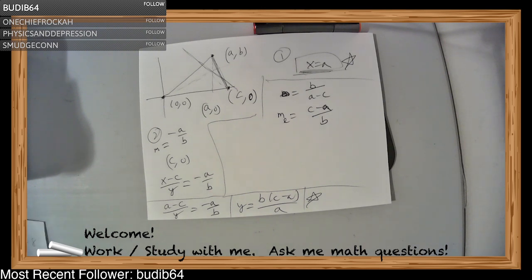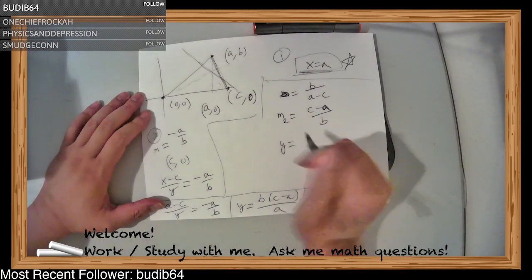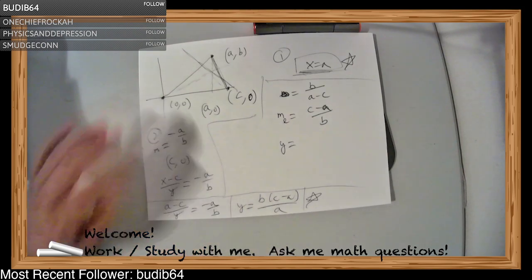Let me just check my work here. So this happens to be going through the origin, I think, or did I mess that up?